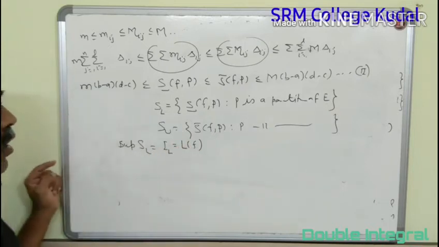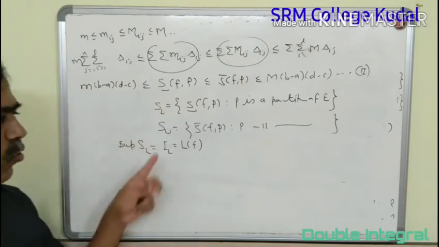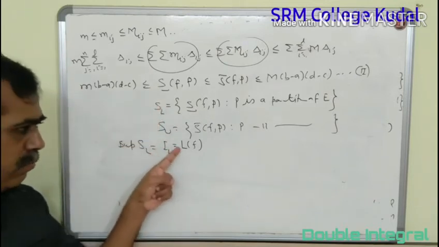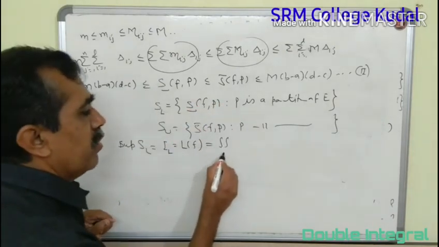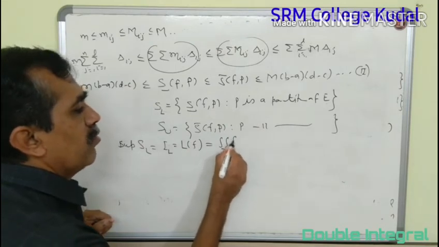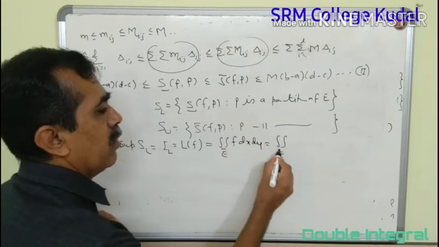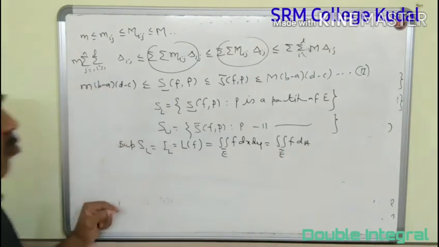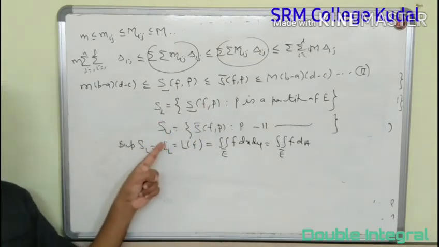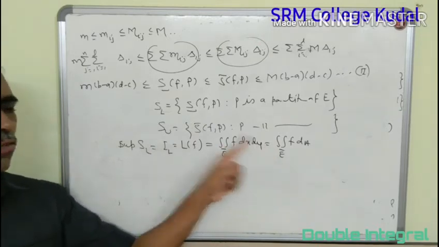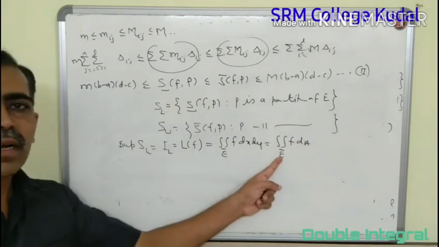This largest lower sum is called the lower double integral of f over rectangle E. It is denoted by this notation or by this notation. So the supremum of SL, that is the largest lower sum, denoted by any of these notations, is called the lower double integral of function f over rectangle E.